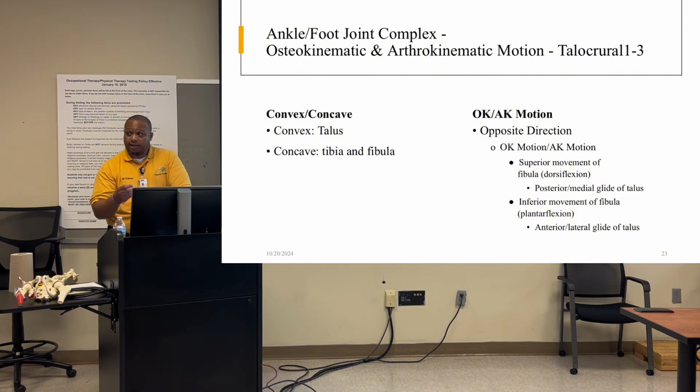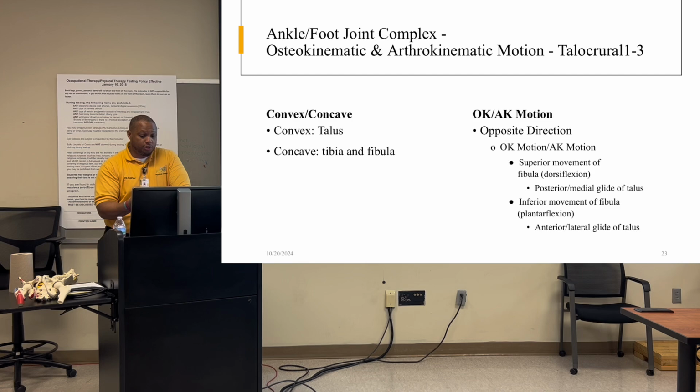And this is typically in the open chain position with superior movement of the fibula, which is dorsiflexion. There's a posterior medial glide of the talus. So a posterior glide of the talus and medial glide of the talus. Therefore, dorsiflexion can typically be limited if these accessory motions are limited.